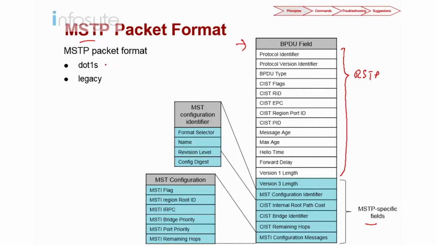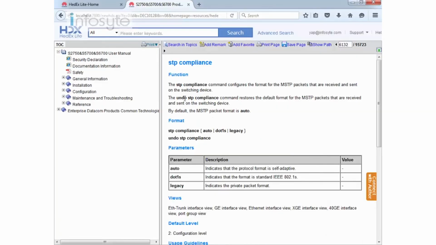So the first format is .1s, which is the IEEE 802.1s standard, and the other one is legacy. Alright, so we should actually use the standard and not the legacy. Now we have a way for us to change this. If let's say we can go back into our headers. Okay, now as you can see here, we can use this command called stp compliance.